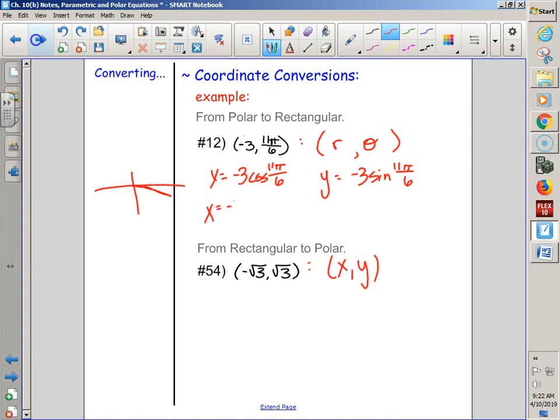It's a pi over 6, which is the first one in our cheater chart. So sine goes first: 1, 2, 3. Cosine goes next: 3, 2, 1. So I need square root of 3 over 2 for cosine, whereas sine would be my 1/2. Oh, but careful. Hold on. Who's who? Cosine's going to be positive. The x is going to be positive, right? What's the y going to be? Cosine's positive, sine's negative. Good.